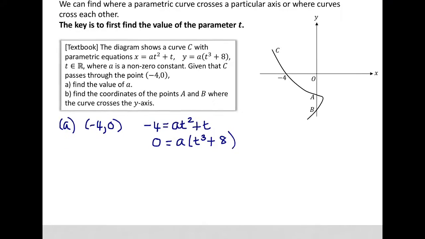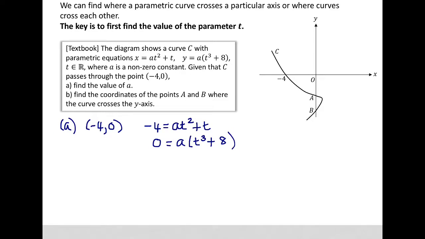If I number the equations, that one 1 and that one 2, I'm going to take number 2. Since a is a constant, if I divide by a constant, I'm not losing anything, that's fine.